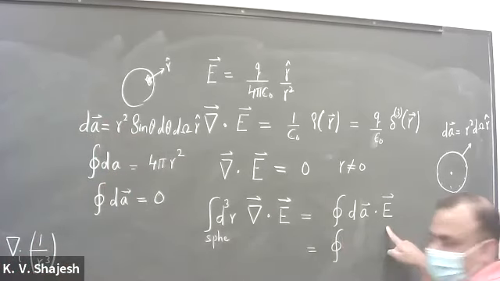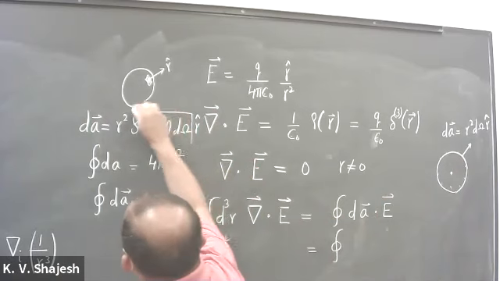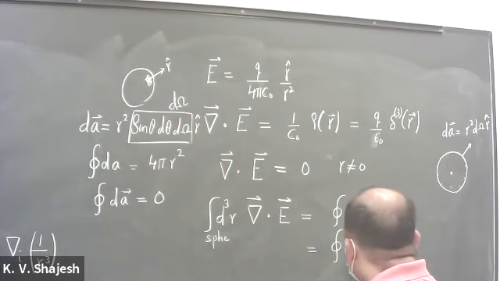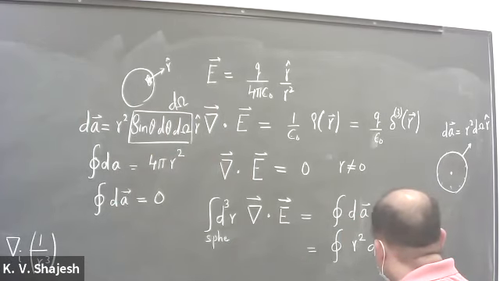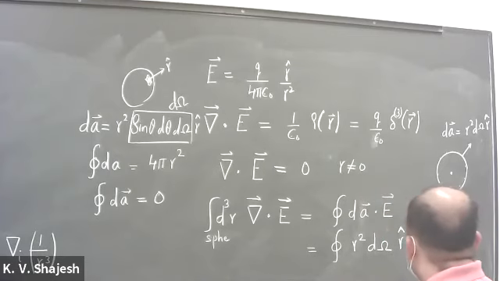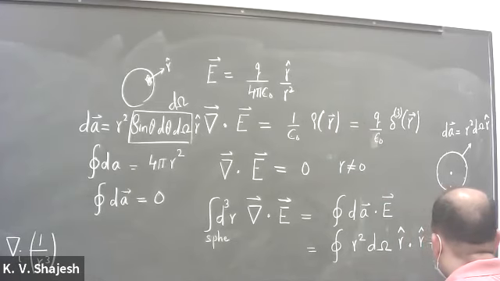Here we are doing dA dotted with E. So let me write that. This side is d sigma, a short form for that, and this is r squared. Again, this is very conceptual. Notice what's happening: the r squared d sigma is r hat. Let me write the electric field we know in this form: there is r hat, and that is Q over 4 pi epsilon naught, with a 1 over r squared before that.